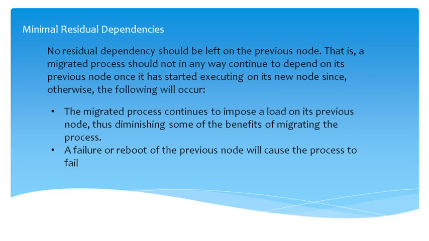If a process is migrated, it should not in any way continue to depend upon its previous node. It is migrated to the new node. Further, it should not depend for a small part of its execution on the previous node.